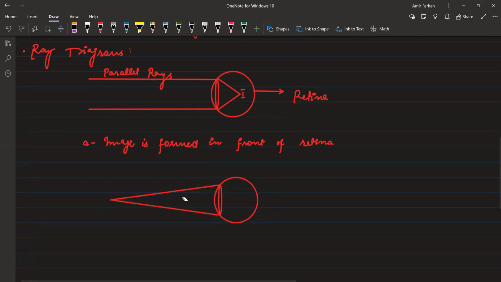So for the nearby objects of this eye, the image will be formed at the retina without any problem, like this. Clear, everyone? Please let me know. Is this clear?